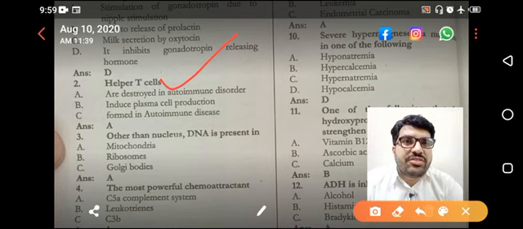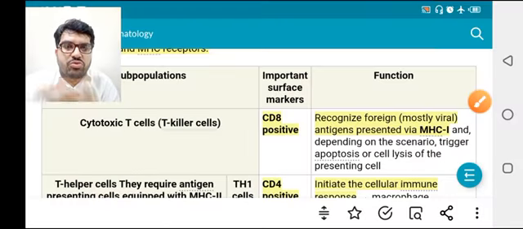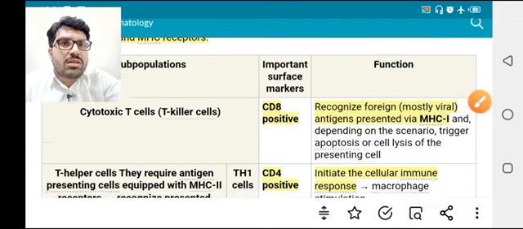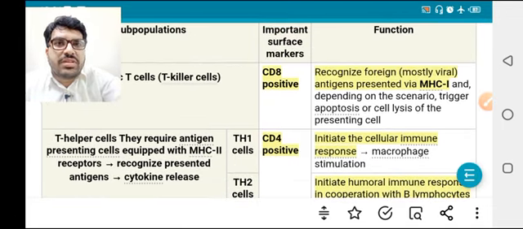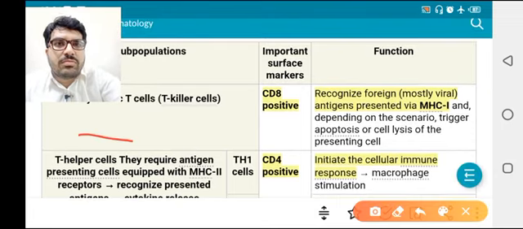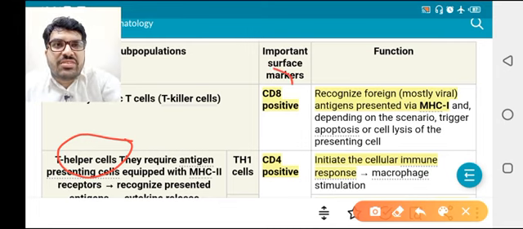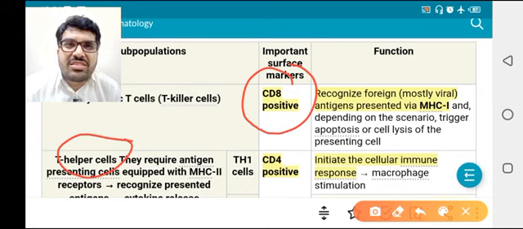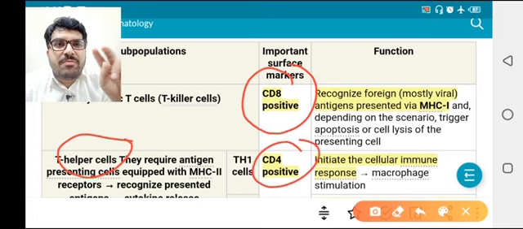The helper T cells require antigen presenting cells equipped with MHC2. The CD8 cells are the cytotoxic T cells, the T killer cells, and they have MHC1, and the CD4 have the MHC2.